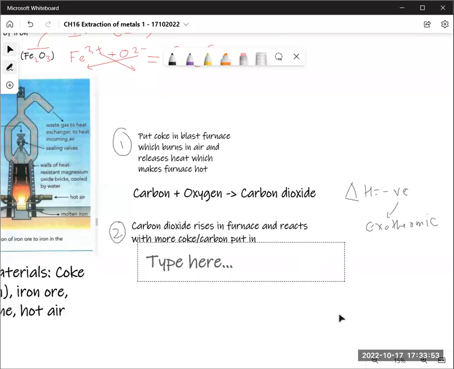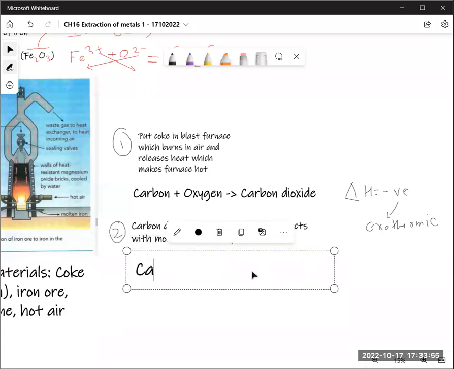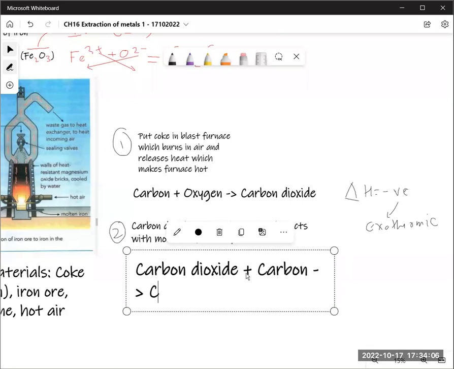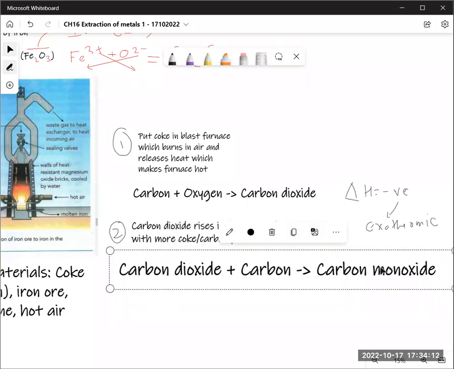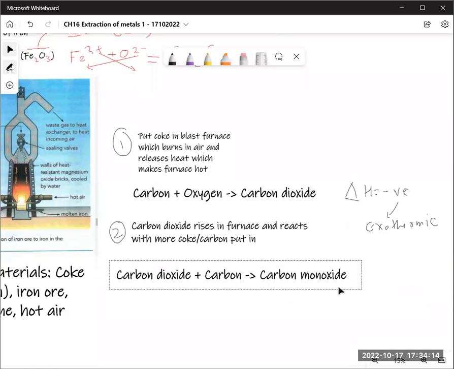The equation for this is carbon dioxide plus carbon gives us carbon monoxide. Write the equation as well. And Sir, should we copy from point number 1? Point number 1, yes.